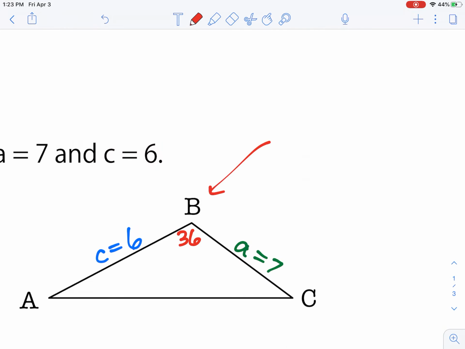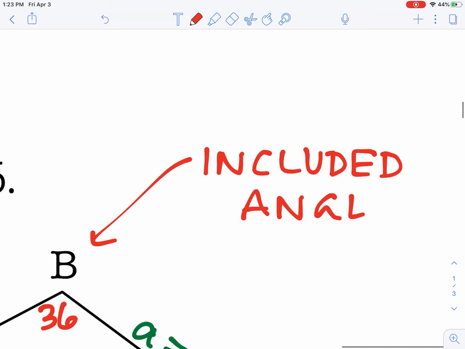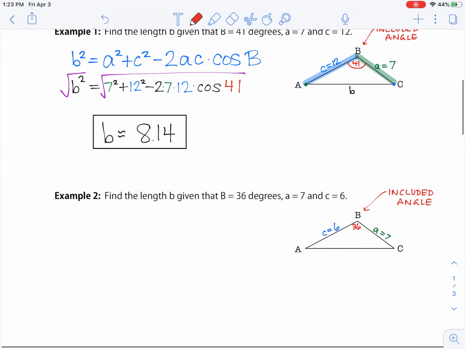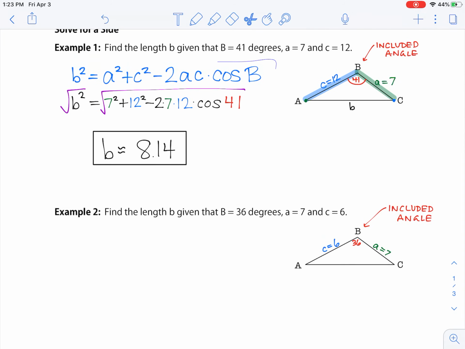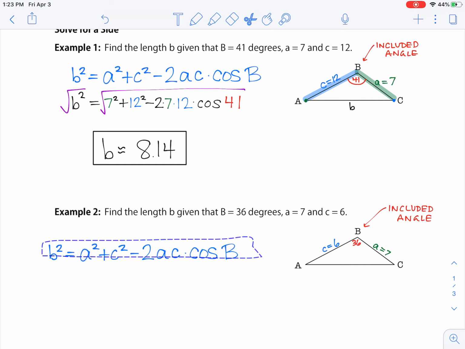We're noting that this is indeed the included angle. So law of cosines will work. And then we're going to sub in. I already used the same one from the first problem, so I'm just going to copy and paste that down.